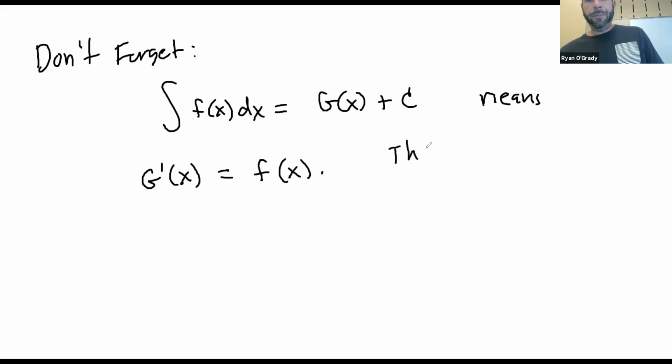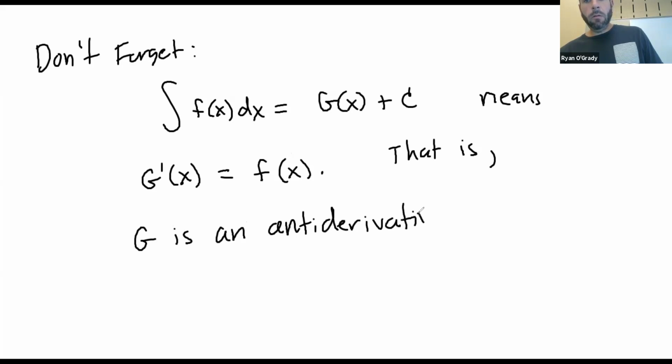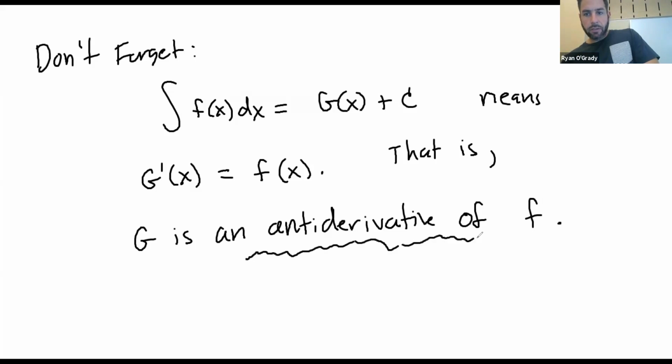So that is, g is an antiderivative of f. If you don't remember what this means, you're going to have to go back to chapters 4 and 5 in your book, but this is really a Calc 1 thing. This notation, the last couple homeworks, what we've been doing is asking you to determine antiderivatives. And we see this as difficult.